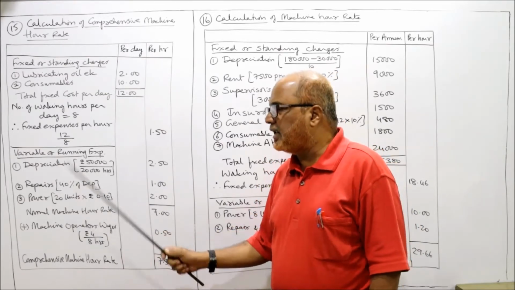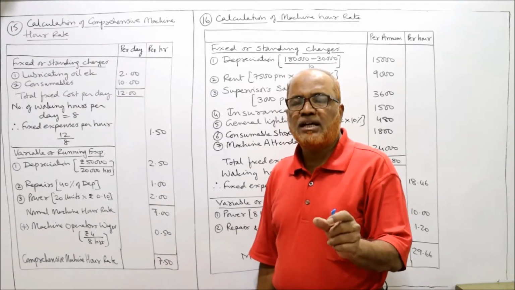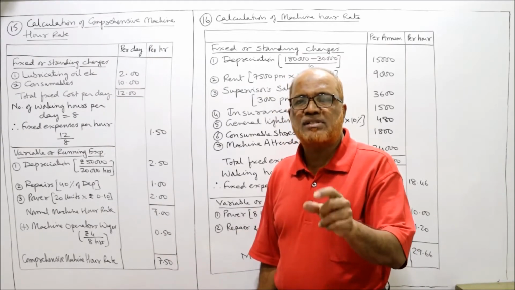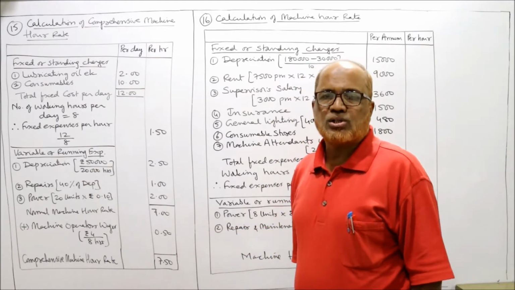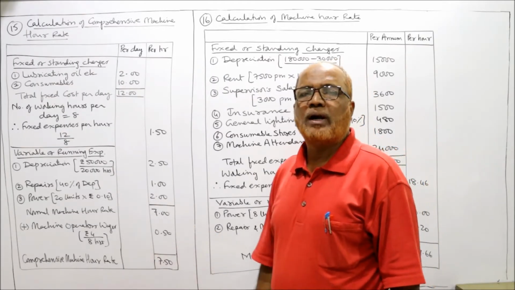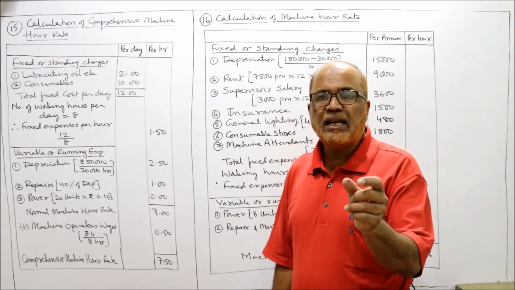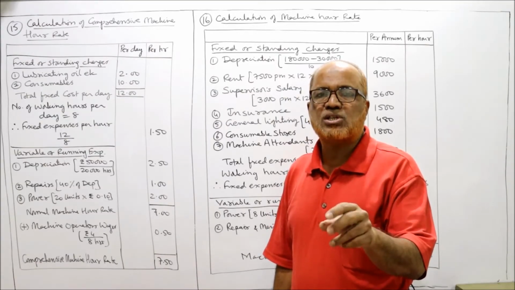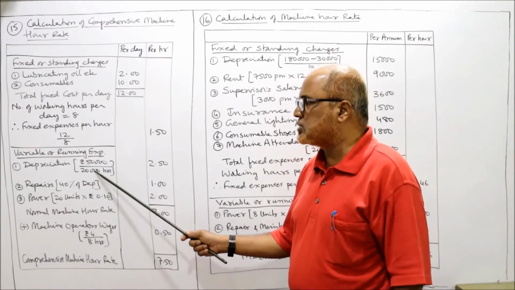Now variable or running expenses. Depreciation. Depreciation we are treating it as variable because the life is given in hours. So 50,000 is the cost, 40,000 plus 10,000. 50,000 is the cost divided by 20,000 hours. The life of the machine is 10 years and each year consists of 2,000 hours. So 2,000 into 10, 20,000 hours.